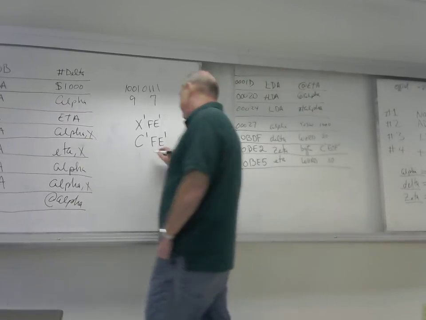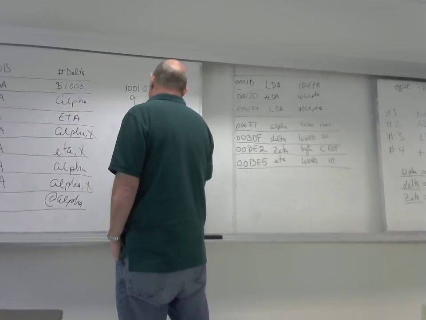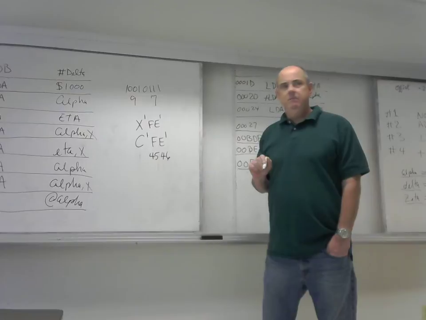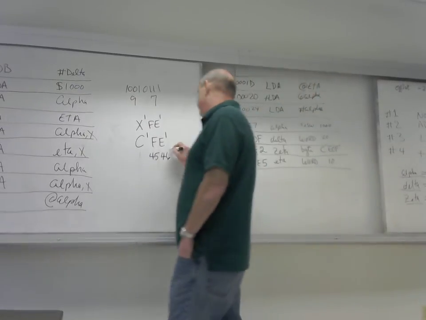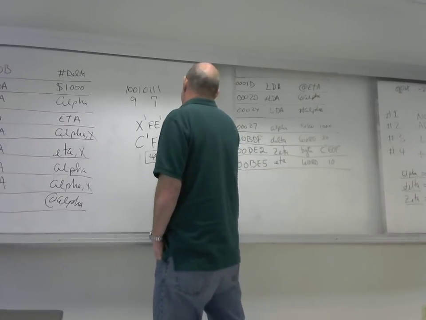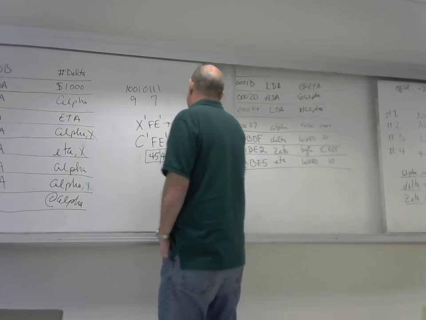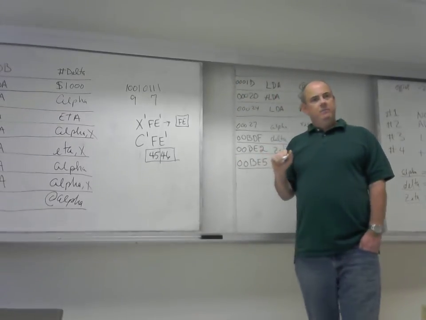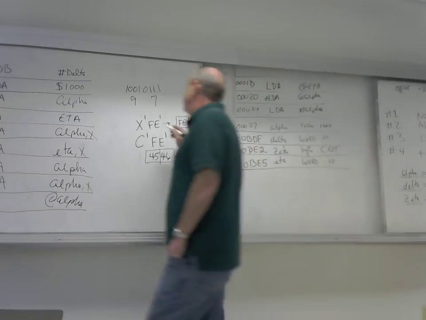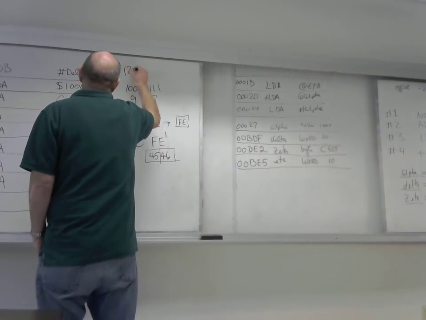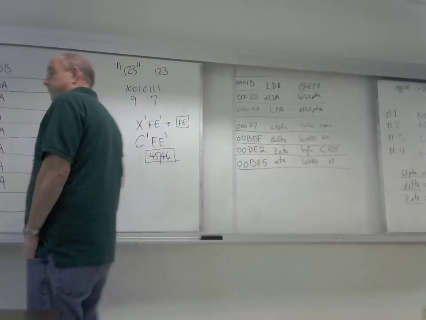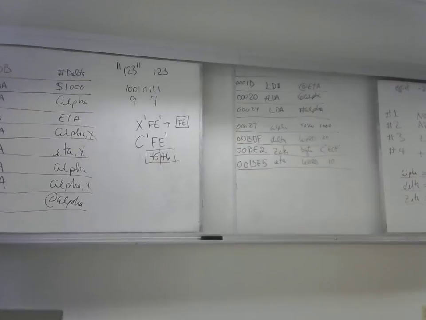So this is 45, 46. Remember, these are 2 bytes. This, however, in memory is 1 byte because it's a number of characters. Everybody understands there's a difference between 123 in quotes versus 123.